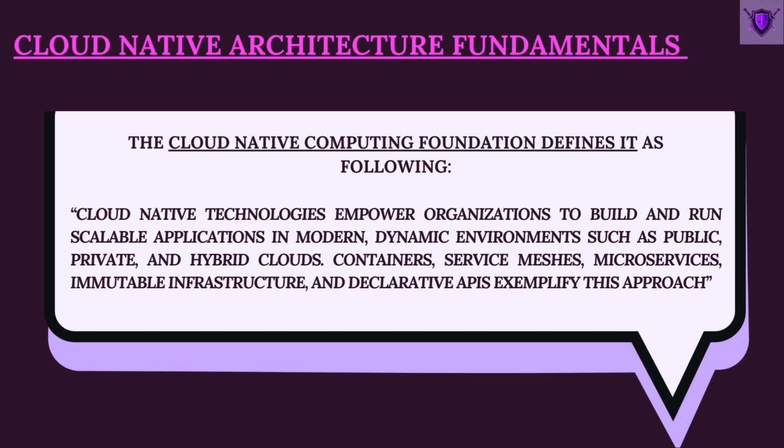Now, since I have mentioned microservices again and again, we'll understand what microservices are. Microservices are an architectural style where an application is built as a collection of small independent services. If you understand the word microservices, that means small services, right? It is just a collection of small independent services that communicate over a network.